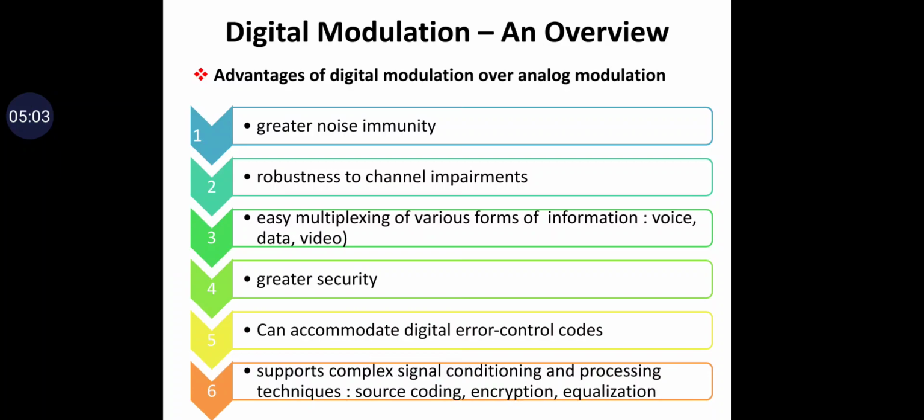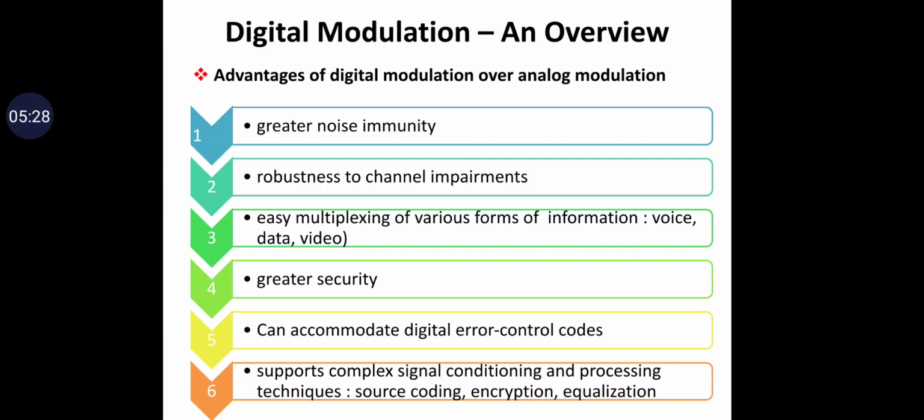Let's see the advantages of digital modulation over analog modulation. We know that digital modulation has greater noise immunity. It is robust to channel impairments, and multiplexing of various forms of information such as voice, data and video is easy in the case of digital modulation.